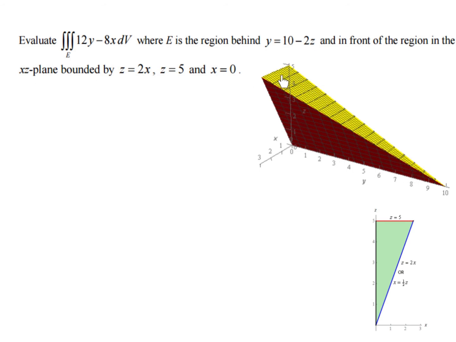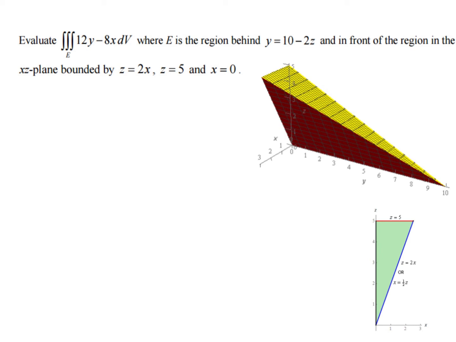It's this plane and back to where y is 0, and bounded by 2x, and z equals 5. So stopping here at z equals 5, and at x equals 0. So stopping along here.